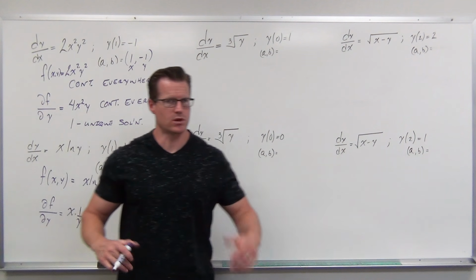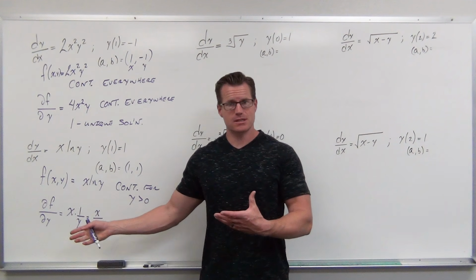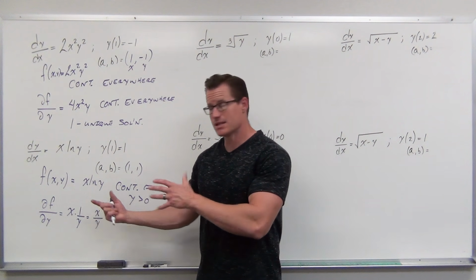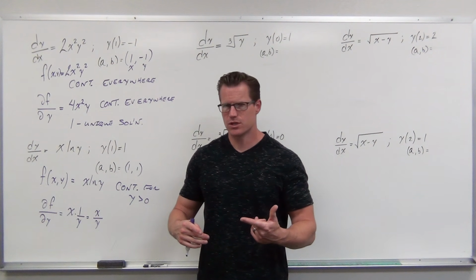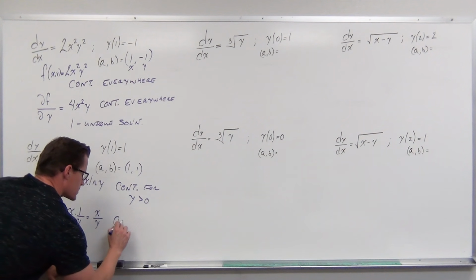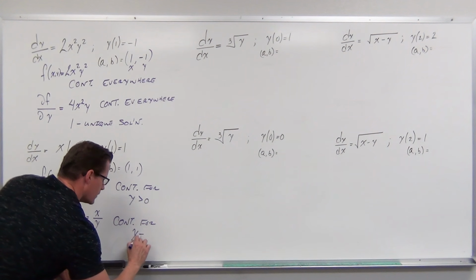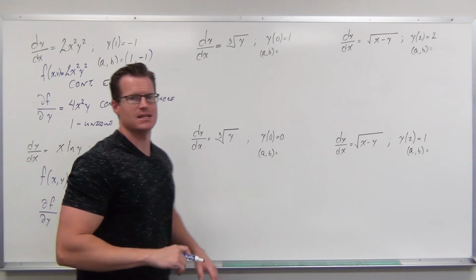Derivative of ln y is just 1 over y. So let's think about where this is continuous. This is continuous for any x. X is not a problem here. But y, we just need to know that y can't be 0. So this is continuous for y doesn't equal 0.